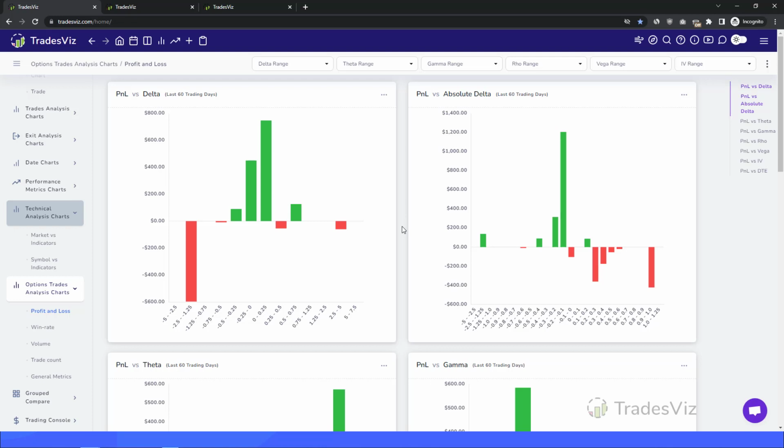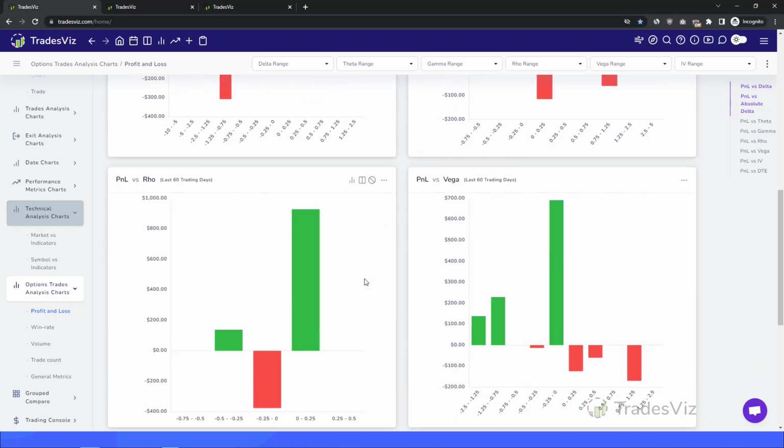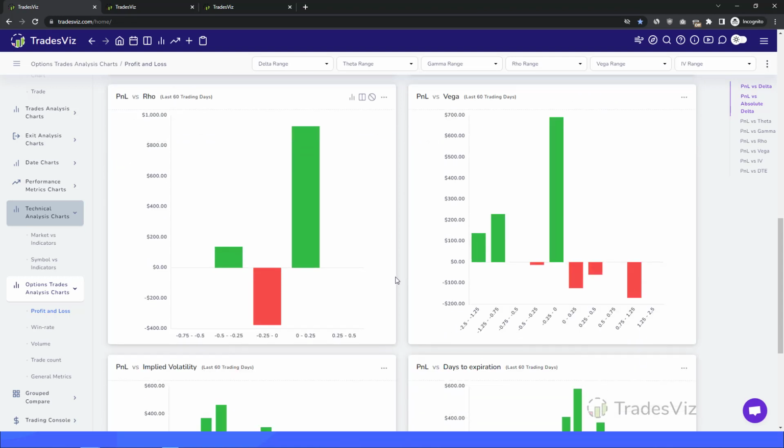We are correlating the basics of the options Greeks to your P&L. Before we get into the details, all of these analyses that you see here are based on your entry points. They are not based on the exits, they are based on your entries.